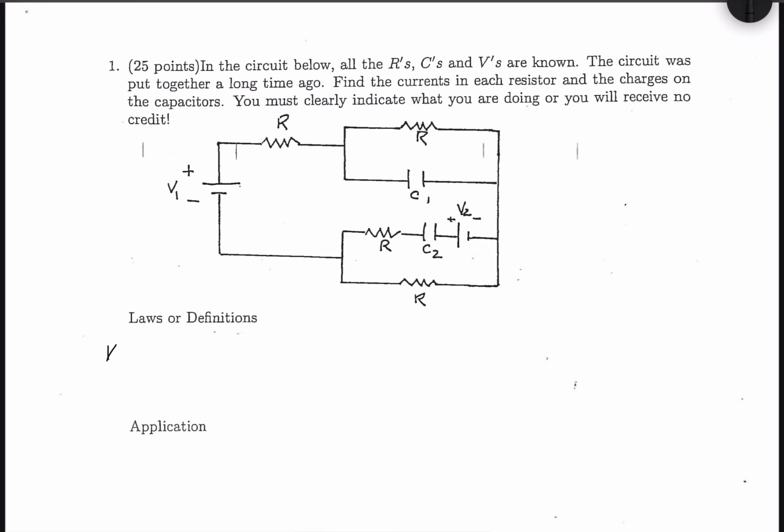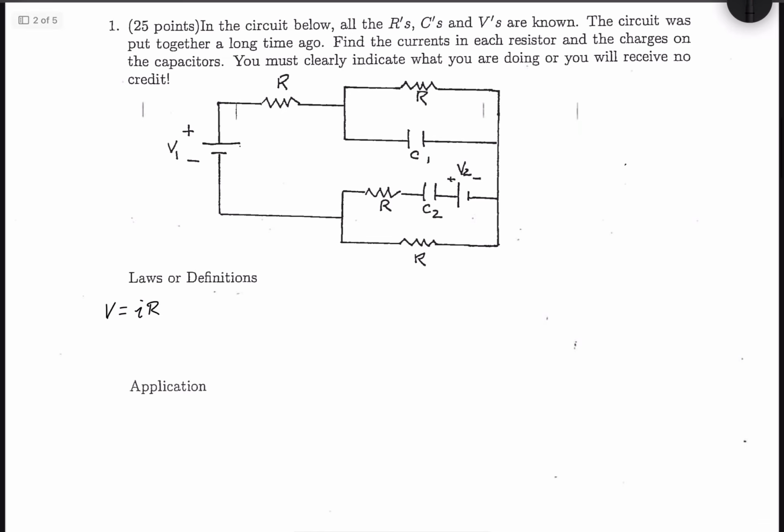The law we're probably going to be using here is just V equals I times R, and also Kirchhoff's laws, or the junction law: V minus IR equals 0, or the currents add up to each other.